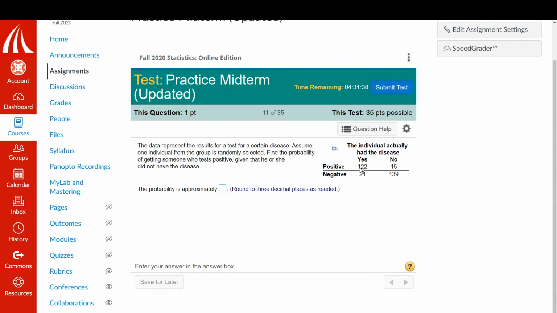You don't have to export it. We can just work with it as is. The data represents the results of a test for a certain disease. Assume one individual from the group is randomly selected. Find the probability of getting someone who tests positive given that he or she did not have the disease.